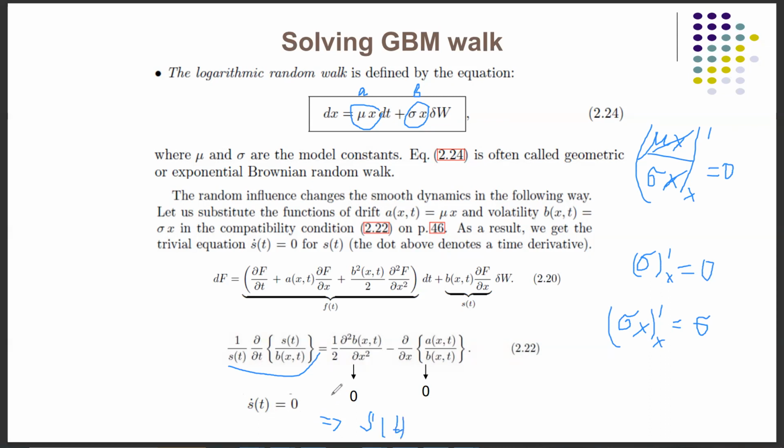If the first derivative is 0, it means that it was a constant. We can choose any constant, and for us it is convenient to choose sigma. So s of t equals sigma.